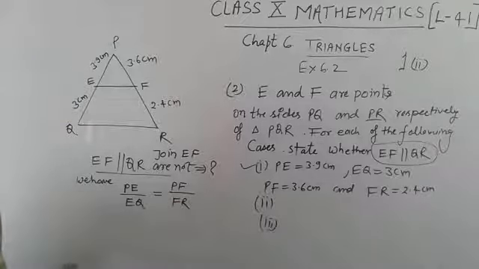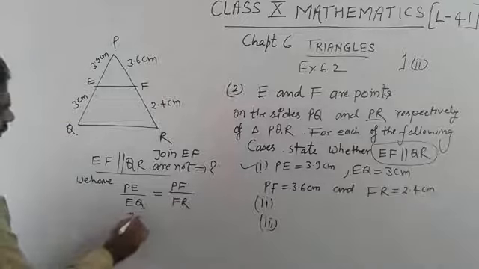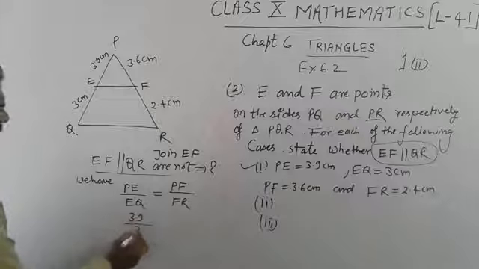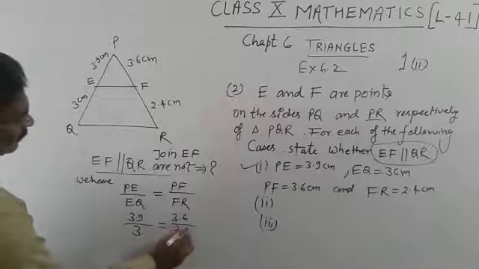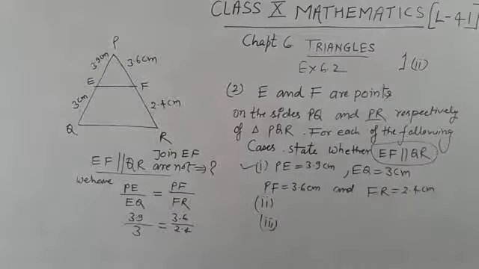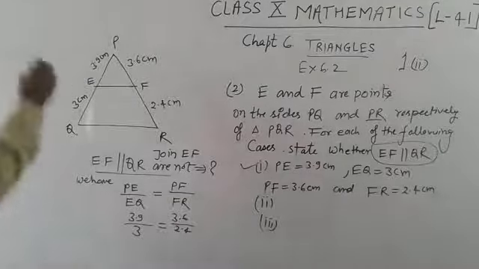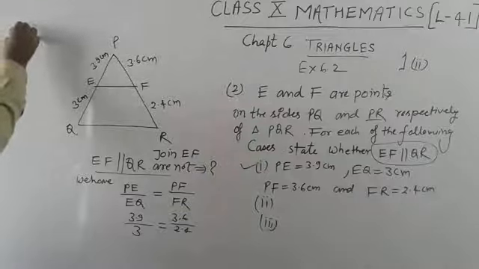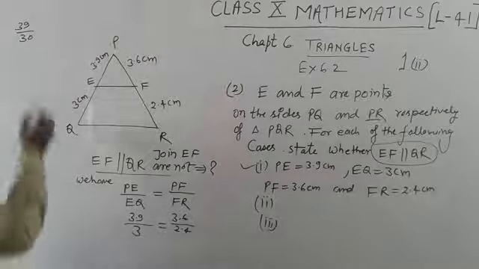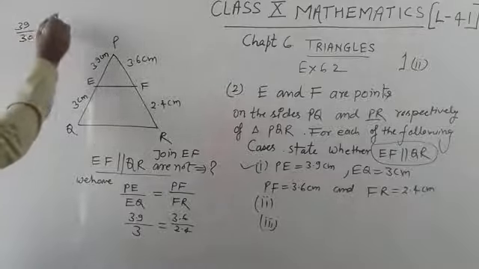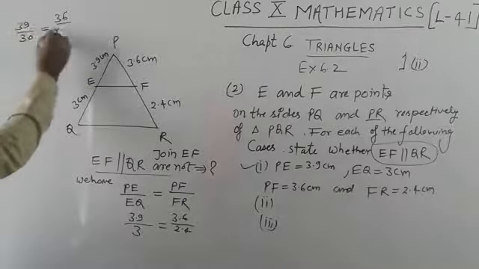So putting values of these, PE 3.9 upon 3 is equal to 3.6 upon 2.4. Now students, we can write this 39 upon 30 after removing decimal is equal to 36 upon 24.